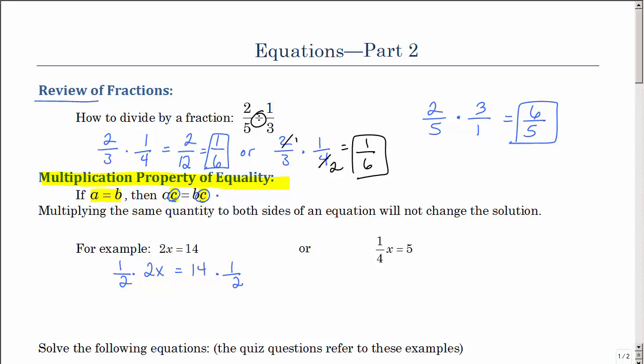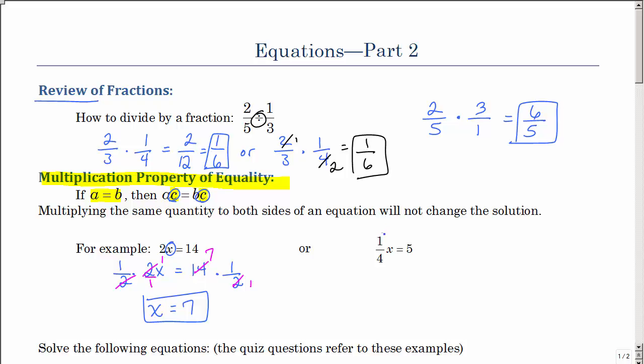So I've multiplied both sides by 1/2, but what happens? Well, this is like 2 over 1. 2 goes into 2 one time, so I'm left with just 1x, and then I can reduce here as well, and I get x is equal to 7. And of course, we could have just looked at that and said, sure, 2 times 7 is 14. But again, you need to look at the algebra.